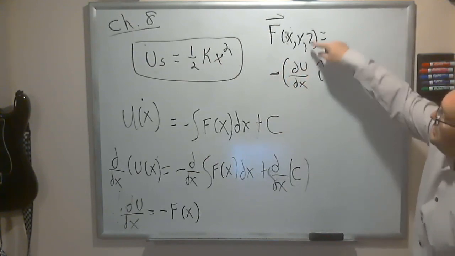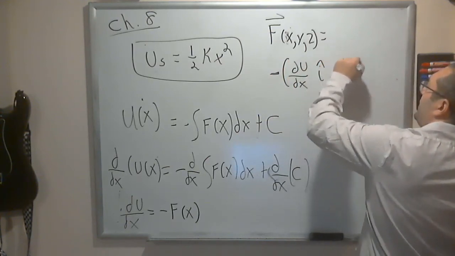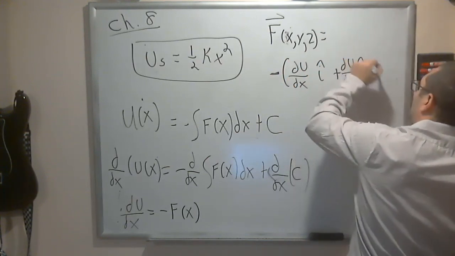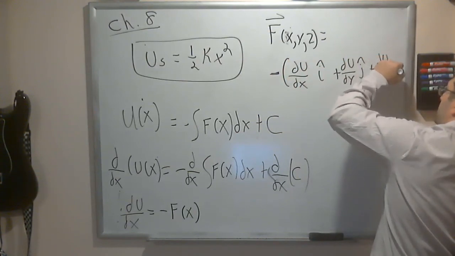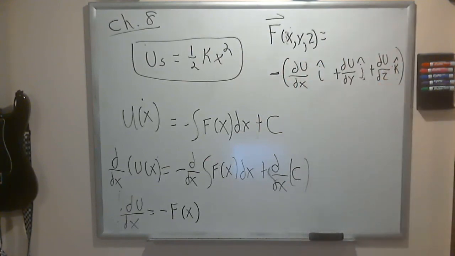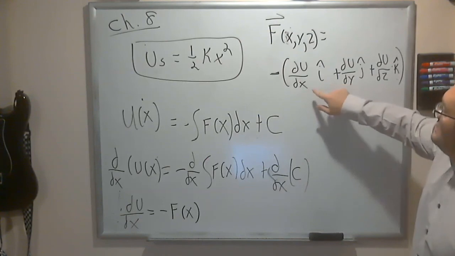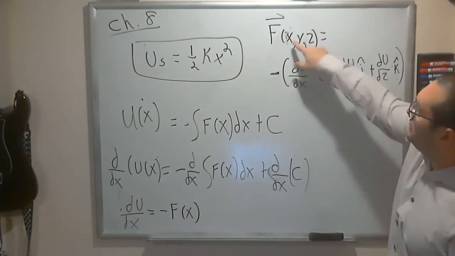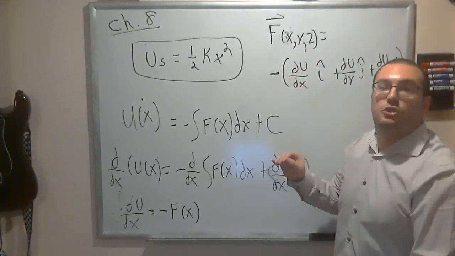That will give me the force in the x direction, plus the derivative in the y direction, and then plus the derivative in the z direction. And we get this. So really what we're doing is we're taking a scalar and using this process of taking the derivative in the direction that we want to look at, and that will give us the force in that direction. So we're taking a scalar and turning it into a vector.